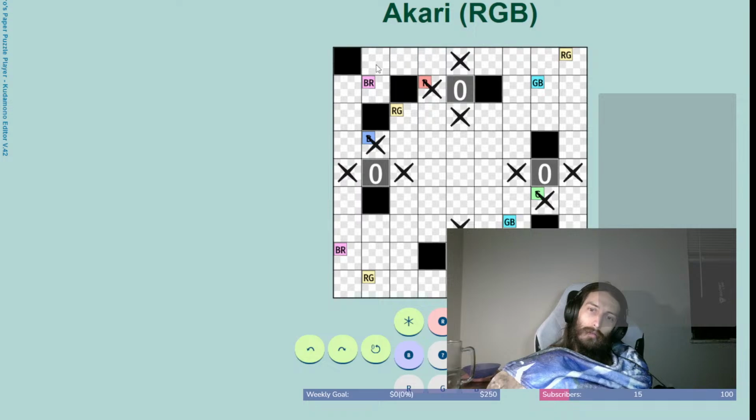Well, this has to be red. Because how else does this get red? And lights can't illuminate each other. So this has to be blue in order to make that magenta. Right? Right. So that's good.